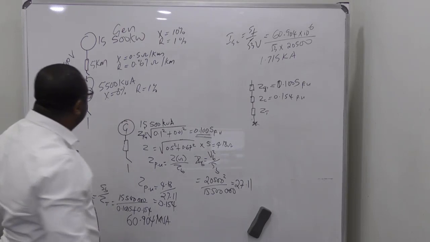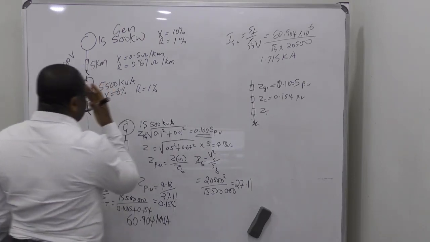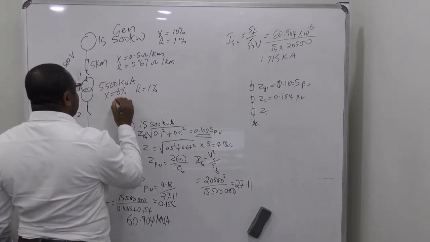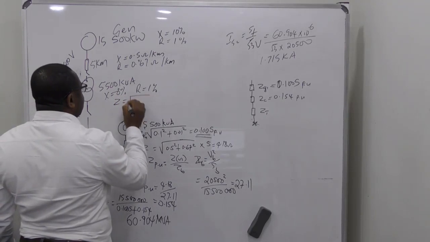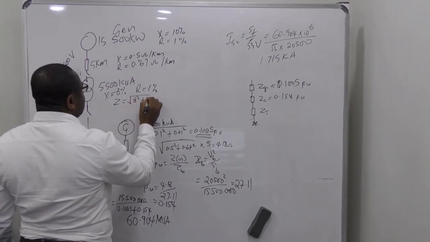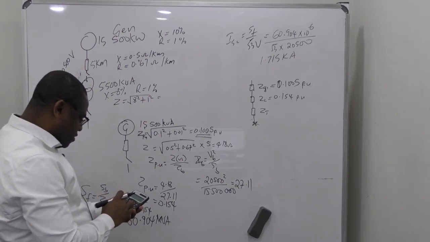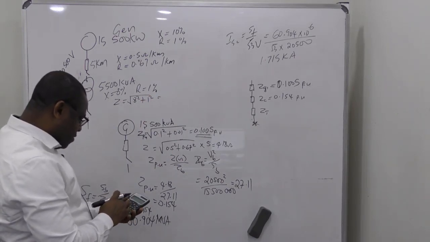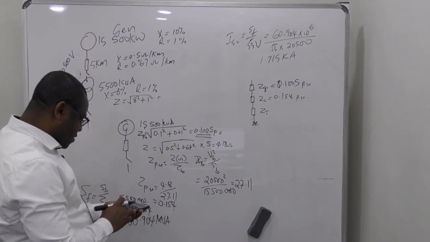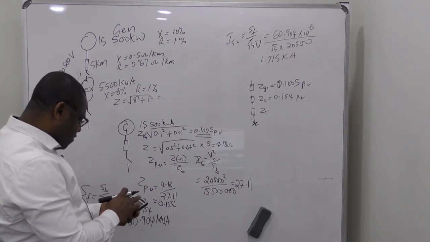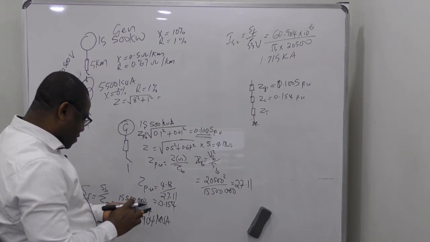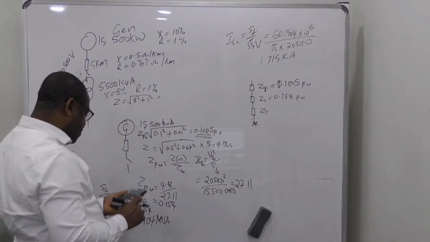Z is the square root of 8 squared plus 1 squared. The square root of that will give you 8.06.